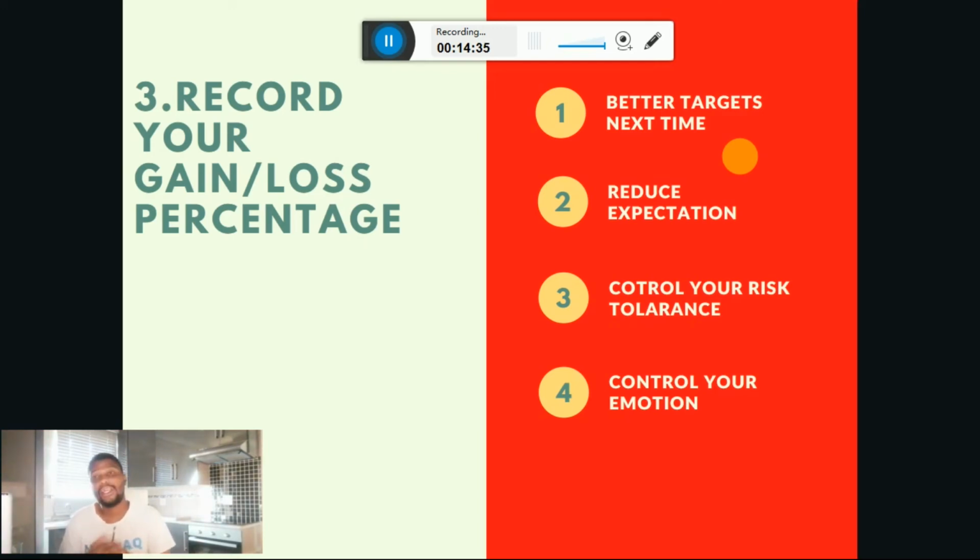A lot of people come to trading with high expectations, and when things do not go their way, they start saying bad things about trading, about people, about the markets, they start blaming the broker, they start blaming other people, but they do not take responsibility that they did not reduce their expectations, they did not control their lot sizes, they did not control their risk tolerance, and they did not control their emotions as well.